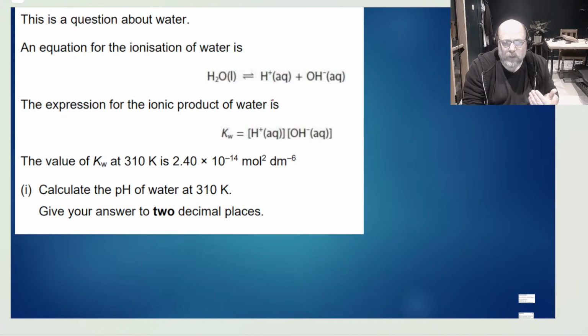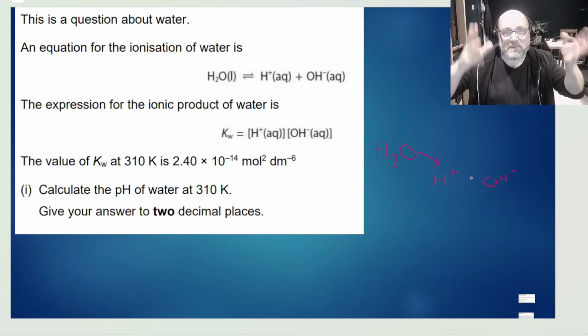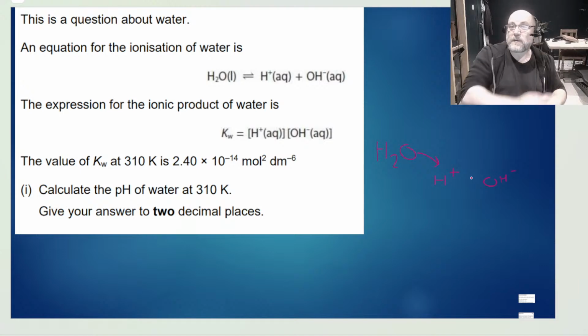So what we want to do here is calculate the pH of water at 310. Well, we can make an assumption. Think about it, guys. For every H2O that breaks down, you're going to have one lot of H plus and one lot of OH minus. We can do the same thing that we did with the Ka.